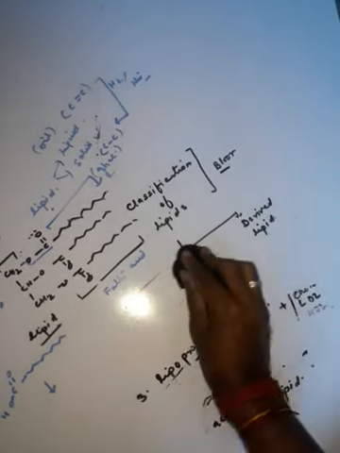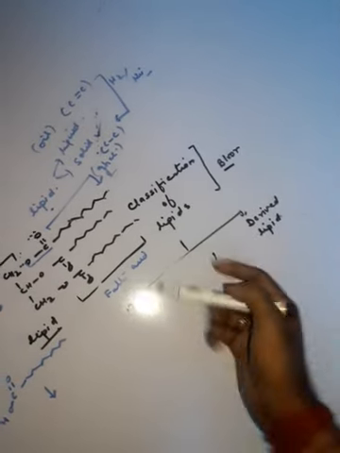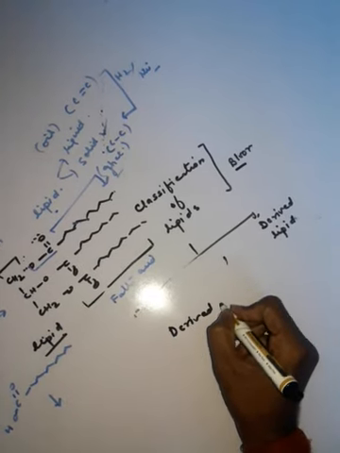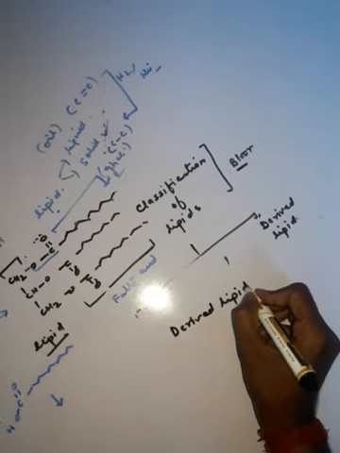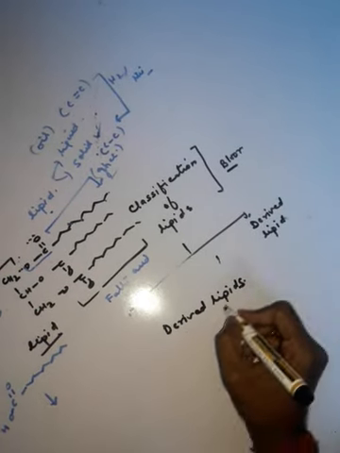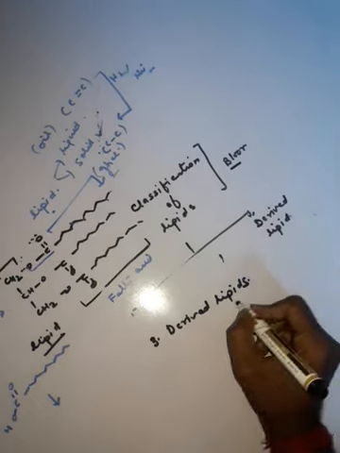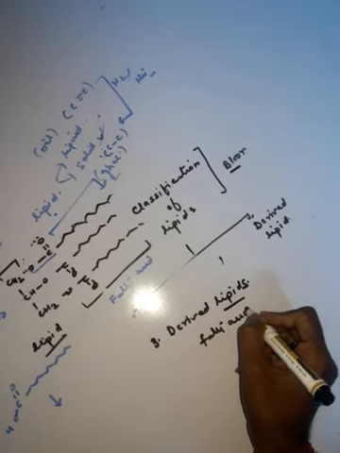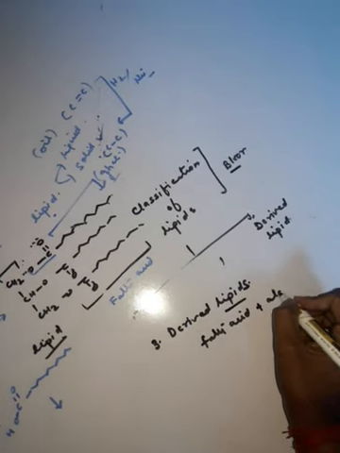One lipid is remaining here, so I will discuss it. This is the derived lipid. Derived lipid is the third category. So lipid is present, then first you will add fatty acid plus alcohol.